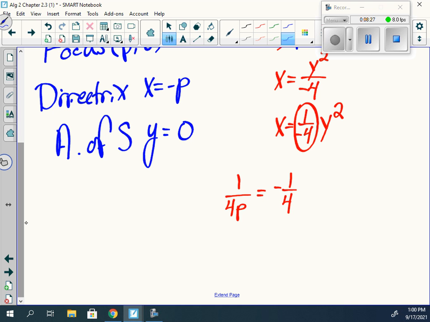Okay, now we need to solve for the value of p. What can we do first? We're going to multiply both sides by 4p.